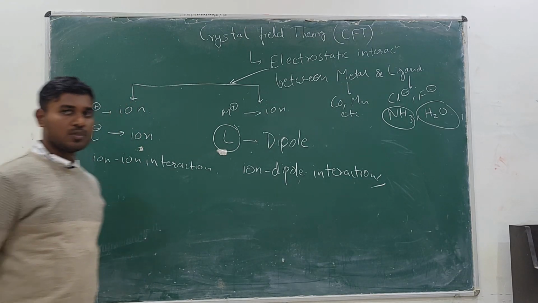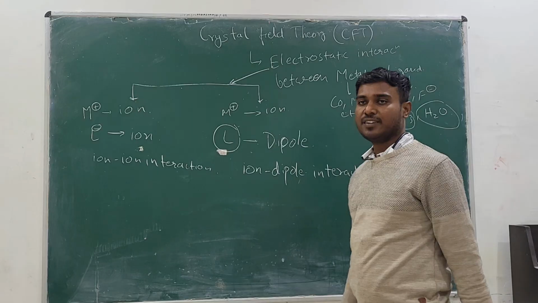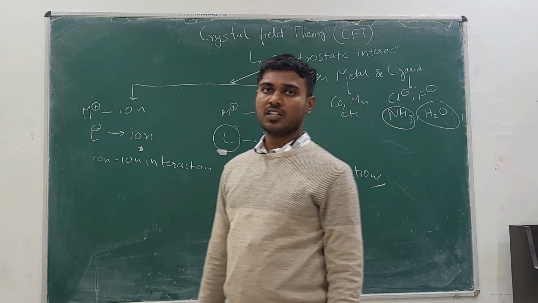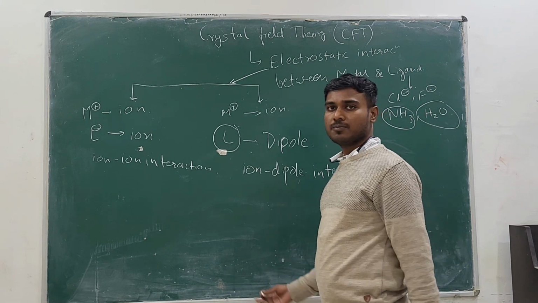So these are the two types of interactions taken into account when we consider the crystal field theory for complex formation. So let's see how complex actually forms by this theory.